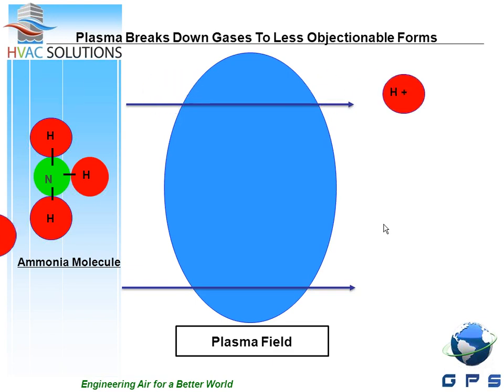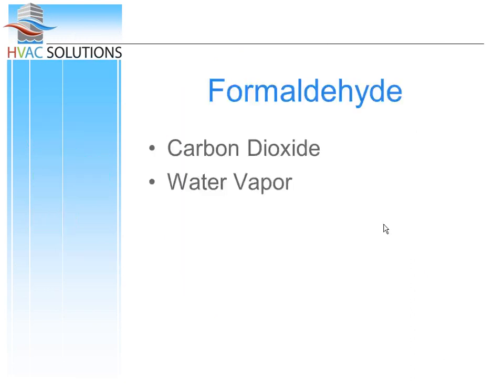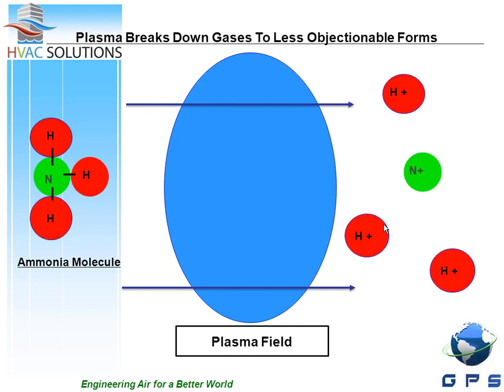You've got an ammonia molecule that goes through that plasma field. We create ions, and it creates kind of a cloud in the space. Ammonia molecules go through, and it's turned into things that we can easily breathe.